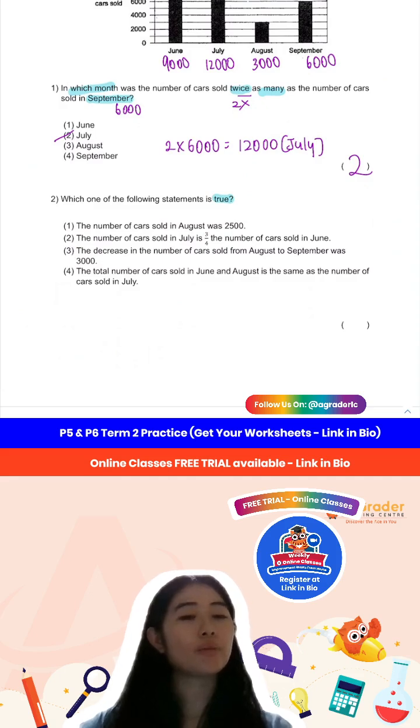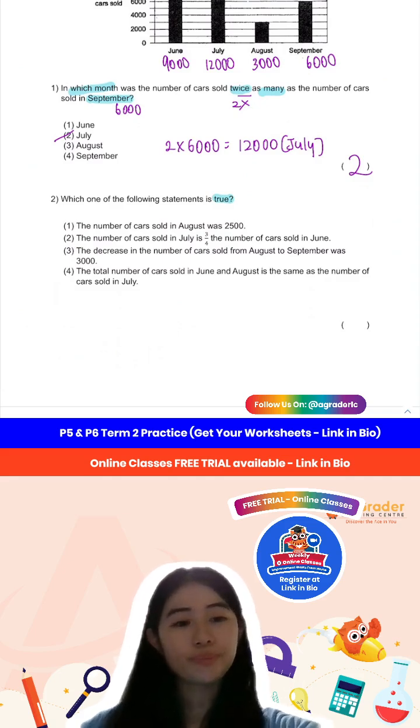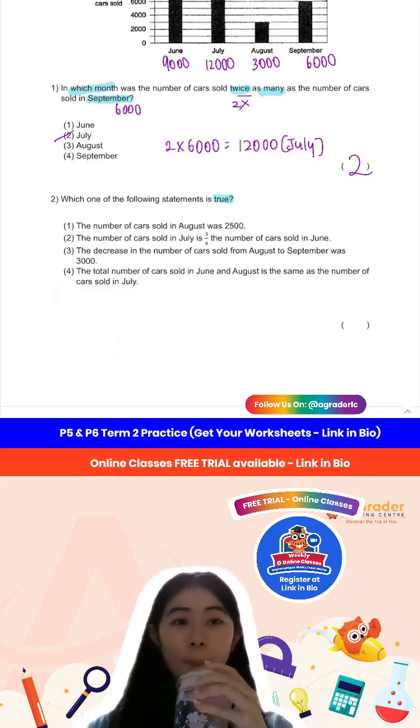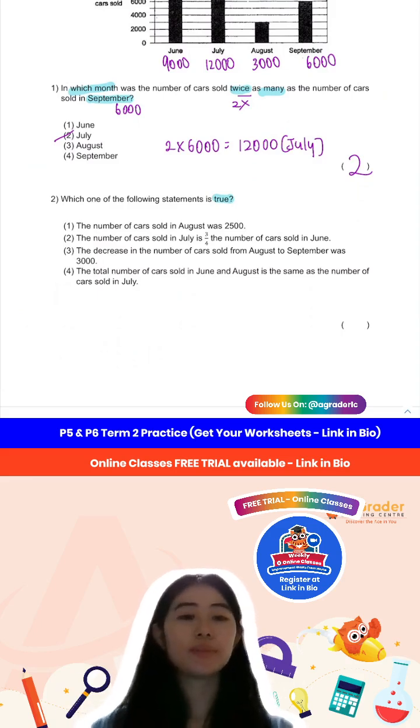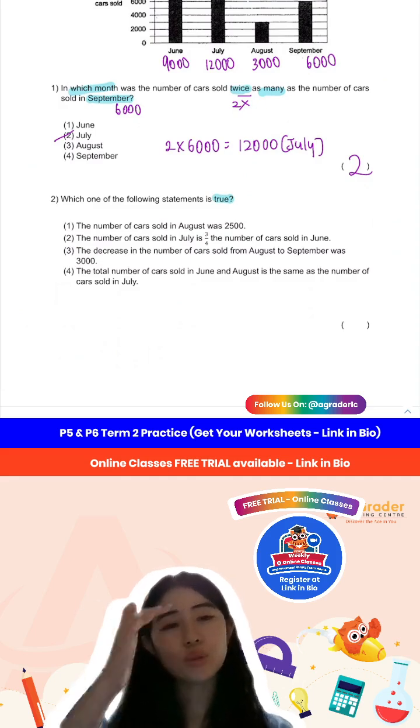Okay, maybe another 15 seconds for those who are still reading the question. What's the answer for question 2? Okay, right. So I think most of you are done reading.